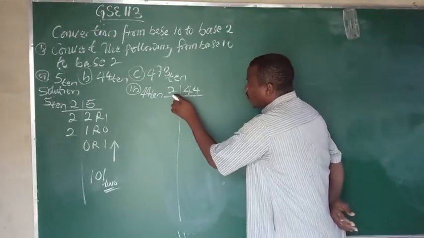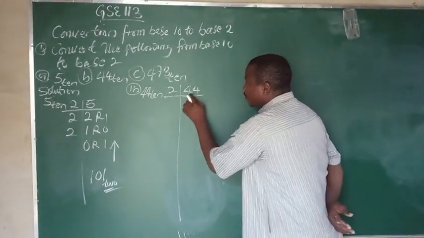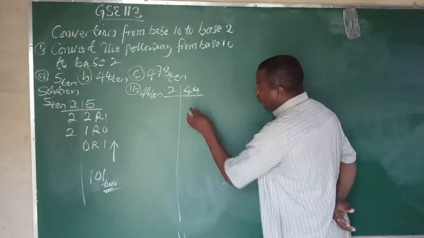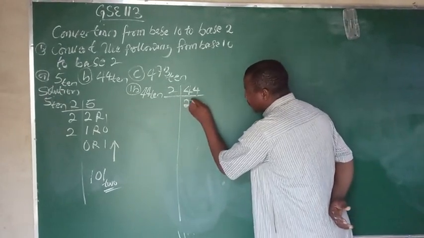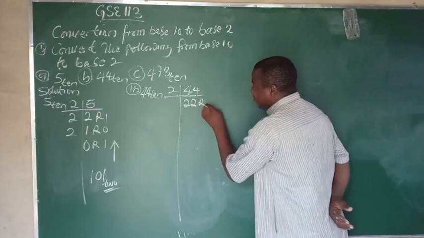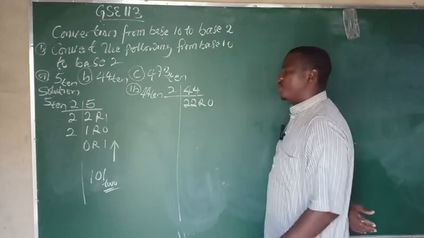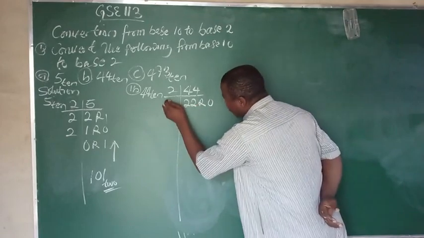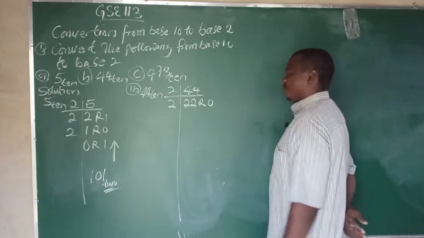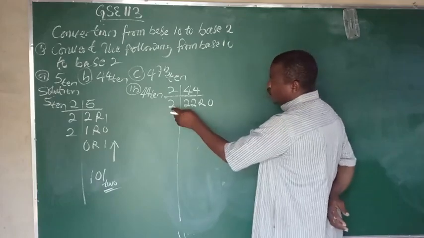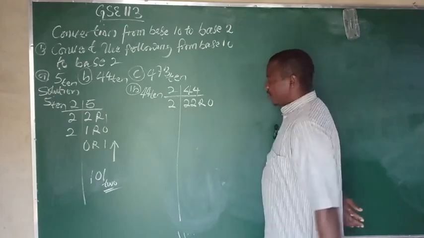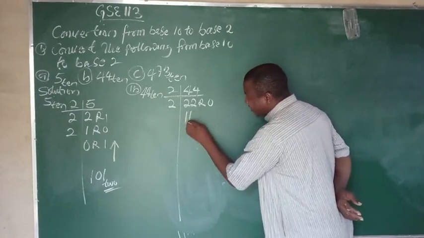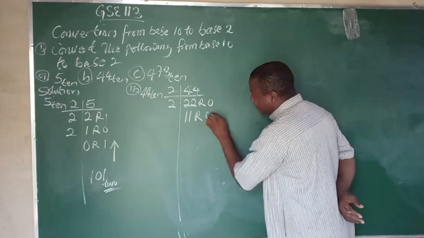Simple. 2 into 44, it will go 22 times, remainder 0 because there is no remainder. Then we divide also the second stage by 2. And we say 2 into 22, it will go 11 times, remainder 0.